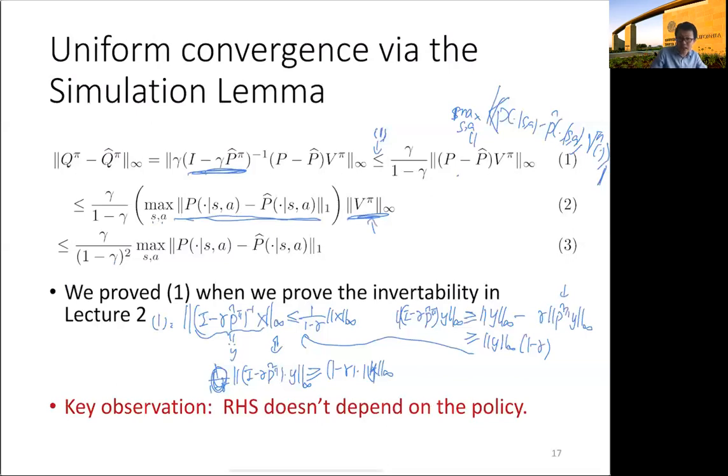By discounting and the bounded reward between 0 and 1, we know that the L infinity norm of V pi is always smaller than 1 over 1 minus gamma. So that's why we now have a factor of 2 here. And it remains to bound the L1 norm of the difference of the probability distributions.